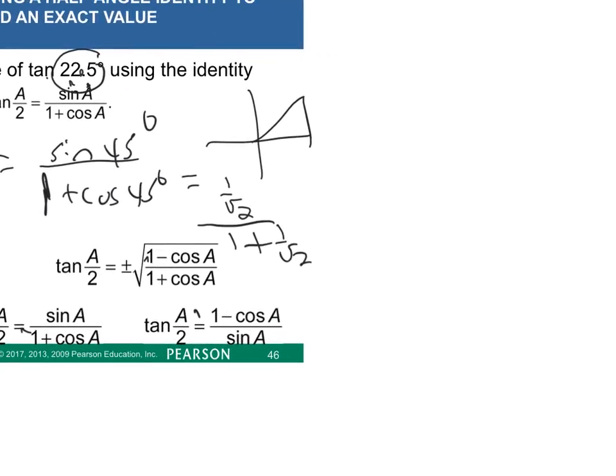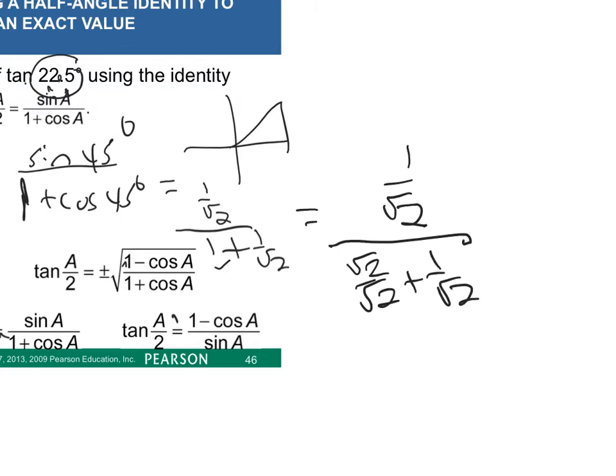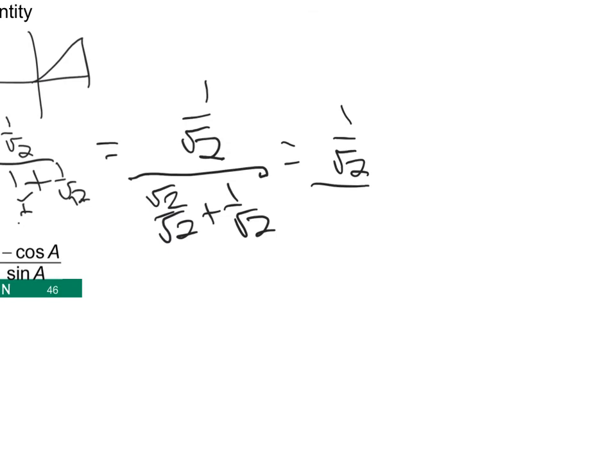So what do I do with that? Is 1 over the square root of 2 divided by the square root of 2 over square root of 2 plus 1 over square root of 2, getting a common denominator, is 1 over the square root of 2 over square root of 2 plus 1 over the square root of 2.